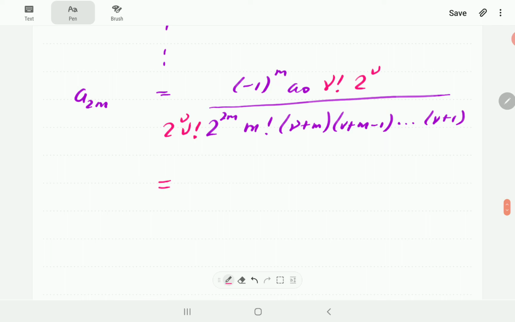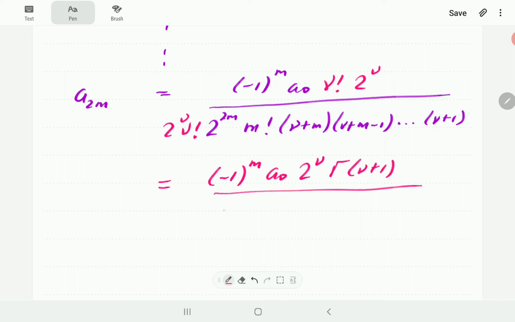Then what's going to happen is our numerator is going to be negative 1 to the power m a naught 2 to the power nu gamma of nu plus 1, which is nu factorial. Then in the denominator, we're going to have 2 to the power nu plus 2m.